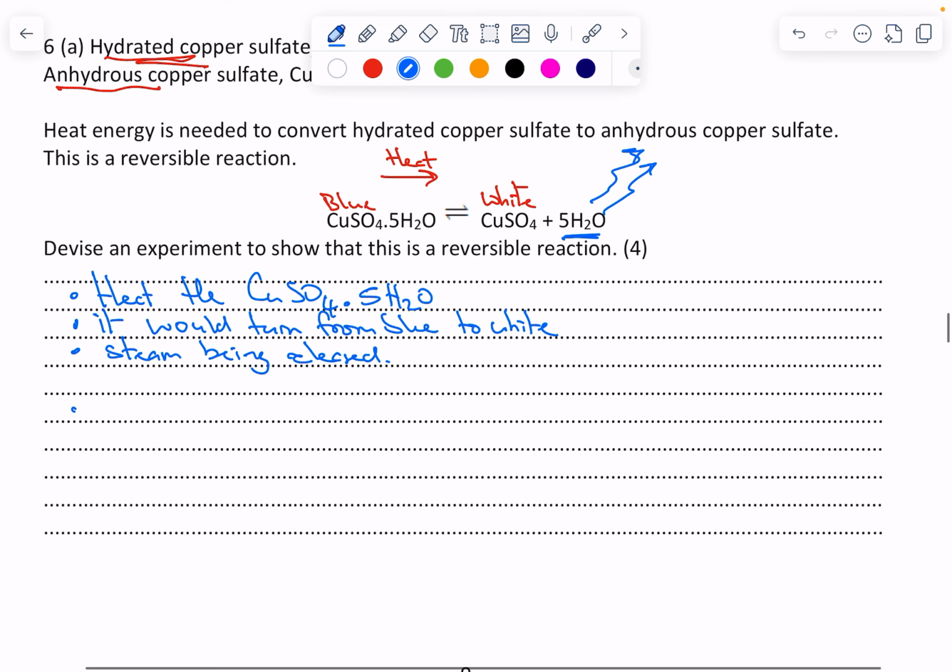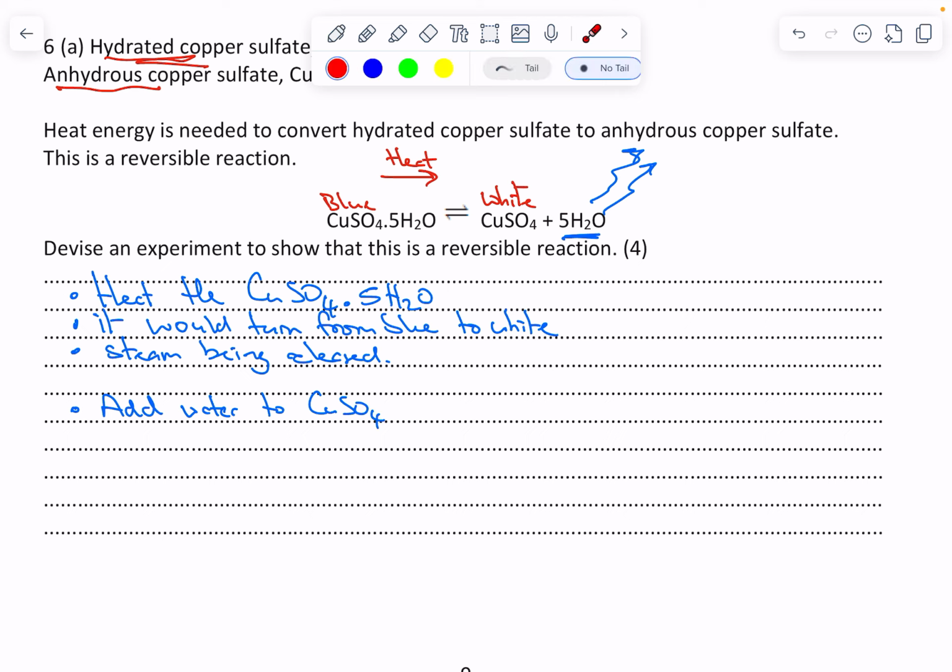Okay, then to show it's reversible, what I would then do is I would add water to the copper sulfate. So if you look, to make this reaction come backwards this way, if I add water to this, it will reform this compound. So I'm going to add water to copper sulfate.